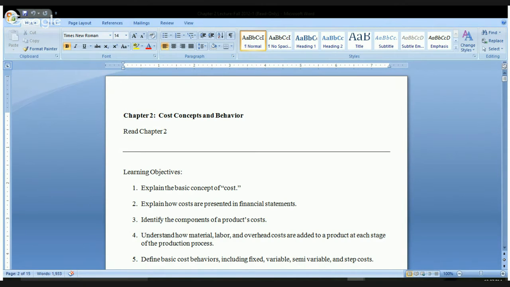Maintenance supply, again, is not dealing with making the actual bread. It's supplies used in the upkeep of the production line.